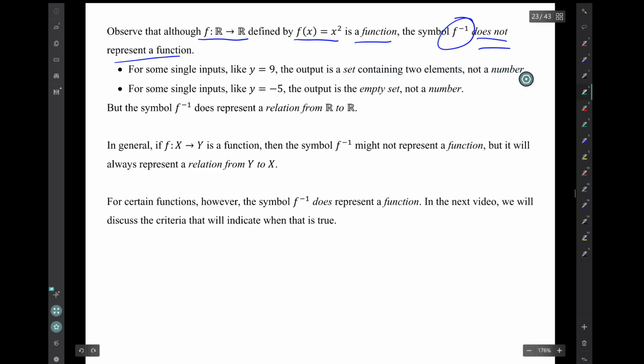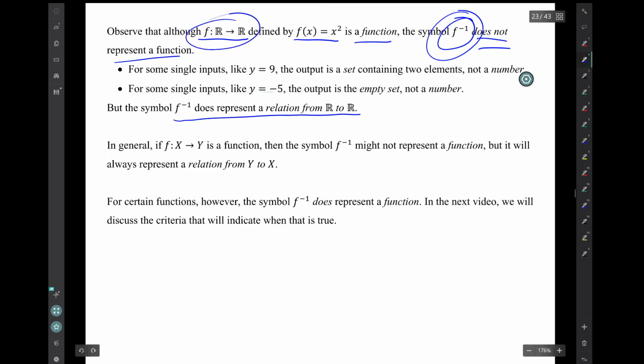And for some inputs like the number y equals -5, the output is the empty set, not a number. So the symbol f superscript -1 does not represent a function in this case, but it does represent a relation from the real numbers to the real numbers.